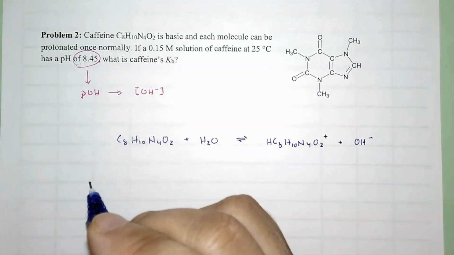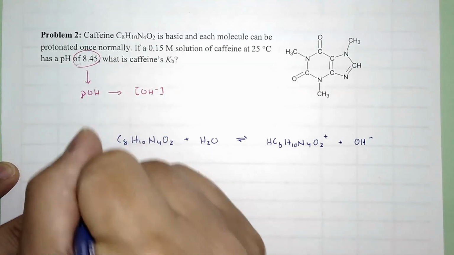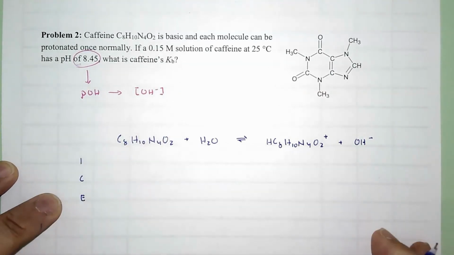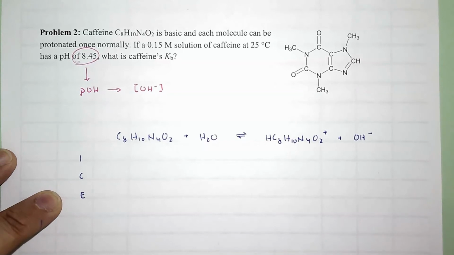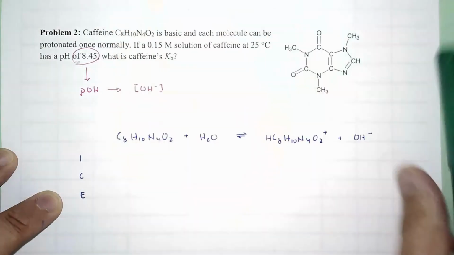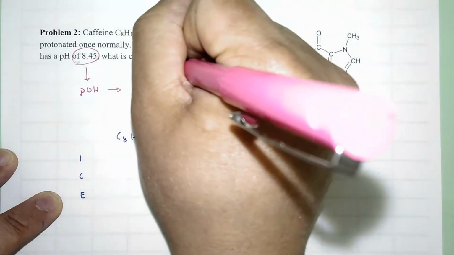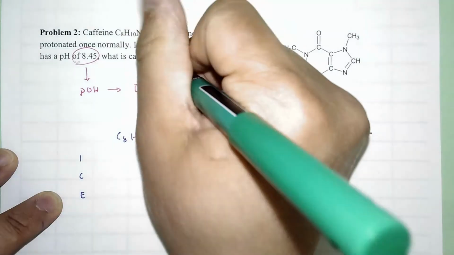Well, let me go ahead and set up the ICE table and let's evaluate, do we have enough information to get Kb? You know what? I should have focused on this at first. We know that Kb is what?